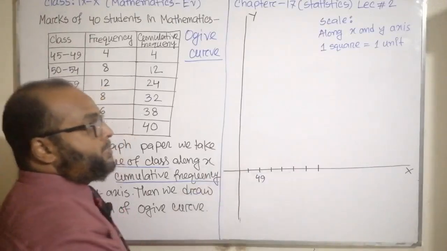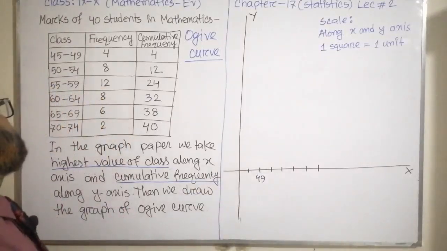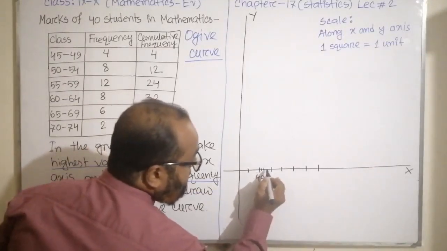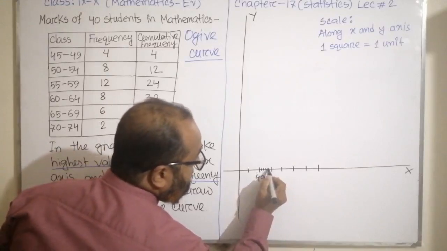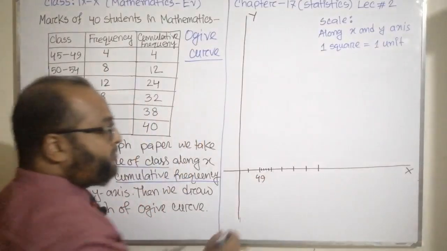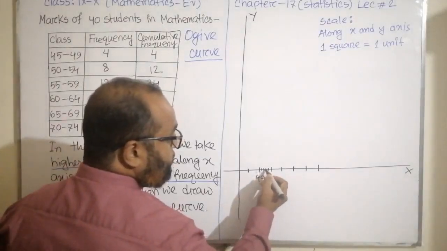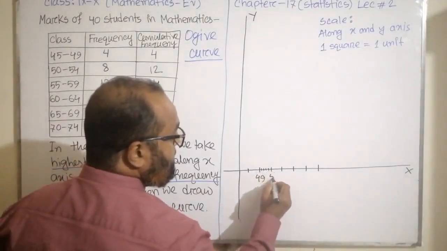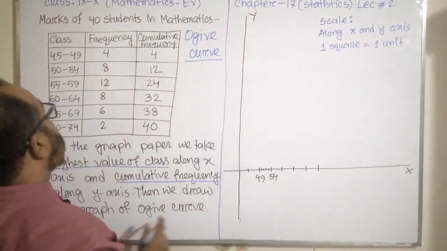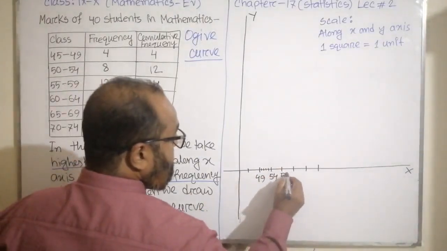After that: 49, 50, 51, 52, 53 and this is 54. This is 54. And then this is 59.